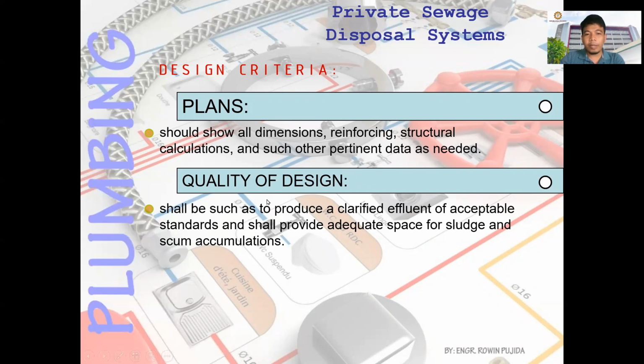Next, we have the quality of design. It shall provide a clarified effluent of acceptable standard, and shall provide adequate space for sludge and scum accumulation. For this, the design should consider the number of occupants, or the number of toilets and bathrooms in the building.